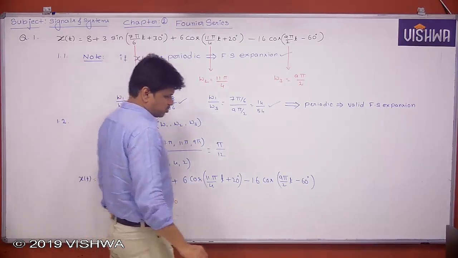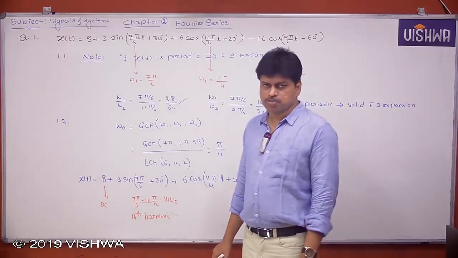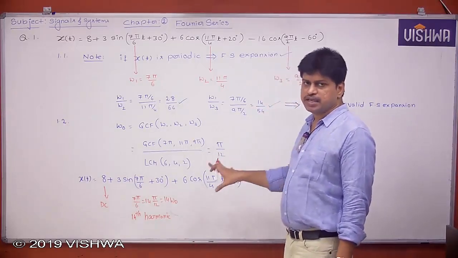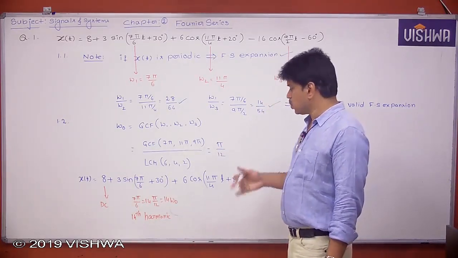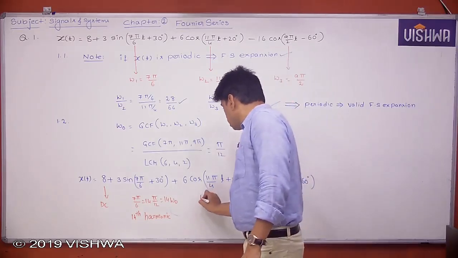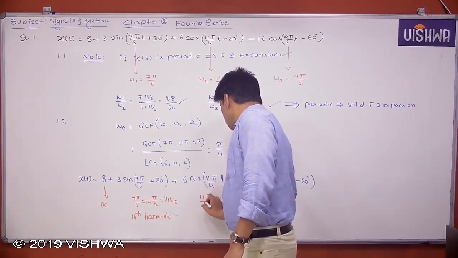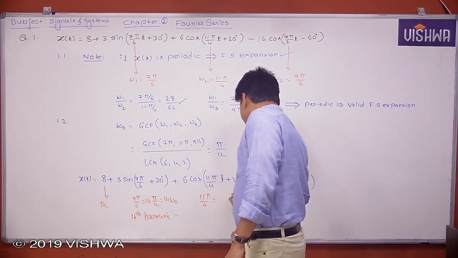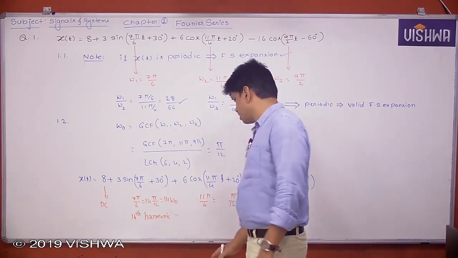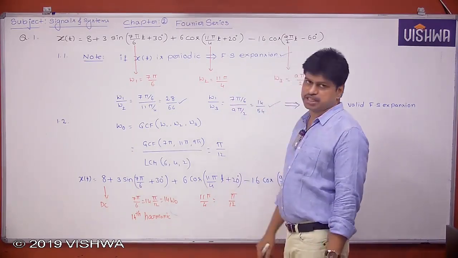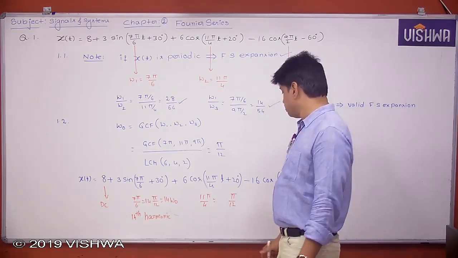Next, coming to this one, 11 pi by 4. We have to write it in terms of an integer multiple of pi by 12. What is that integer? It is 33.